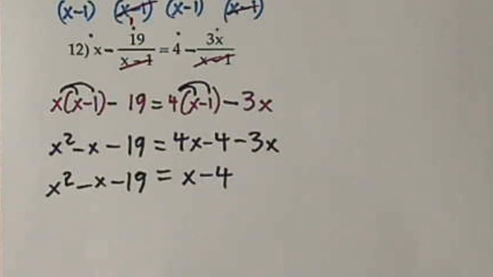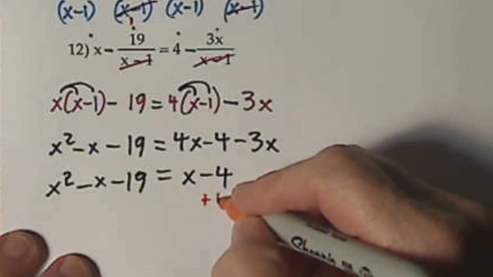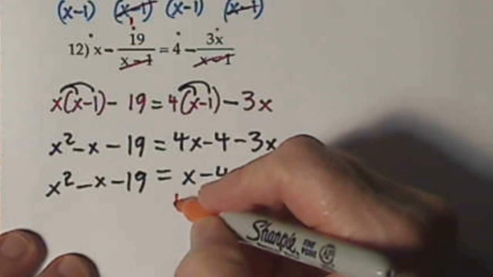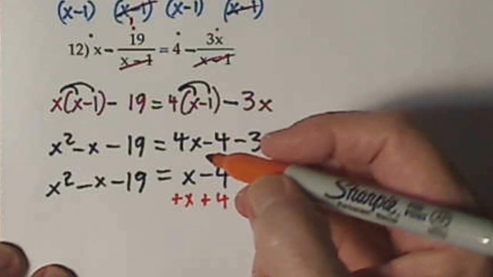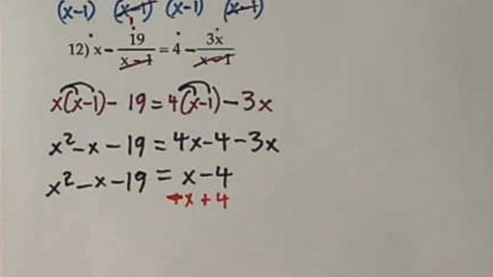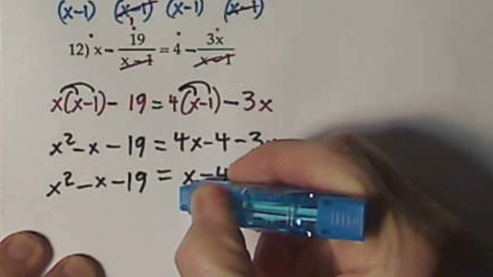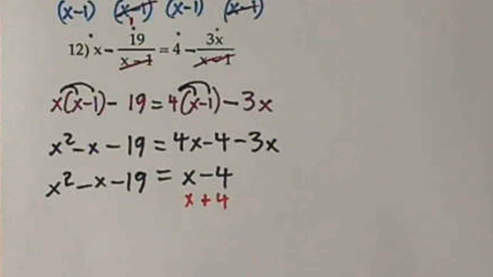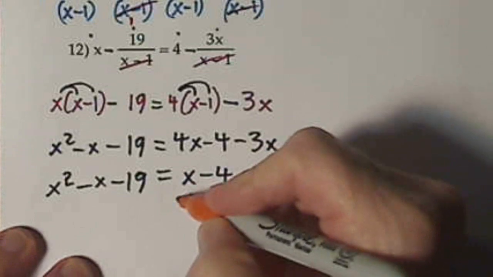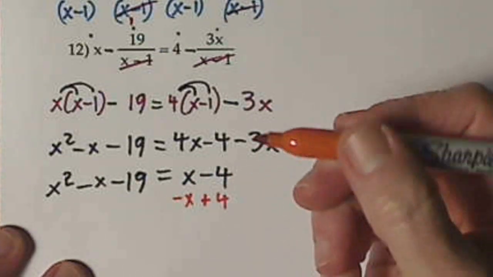So we're going to add 4, and let's just do this in one step. We'll add the x, okay? Whoops, we've got to subtract x, don't we? Let's make that clear. So to get rid of this x, we're going to subtract x from each side.